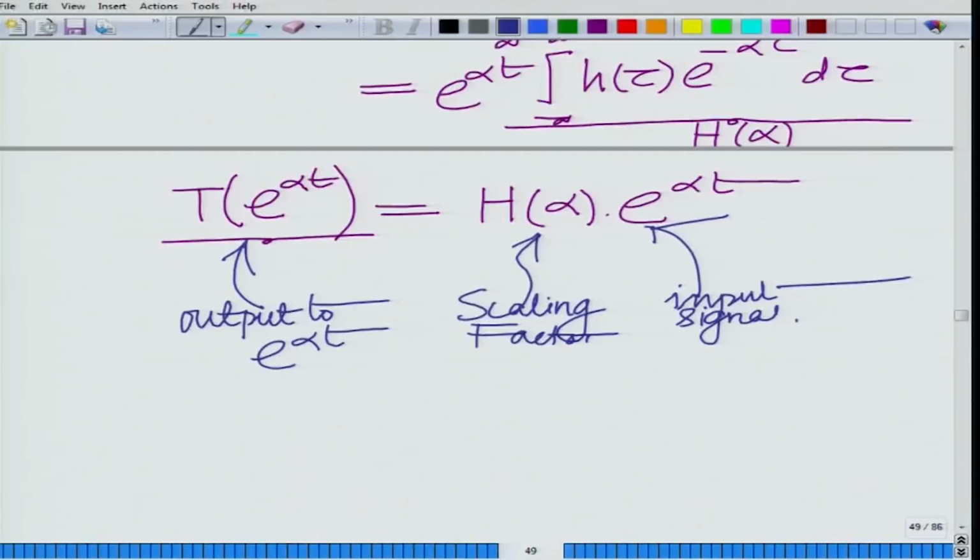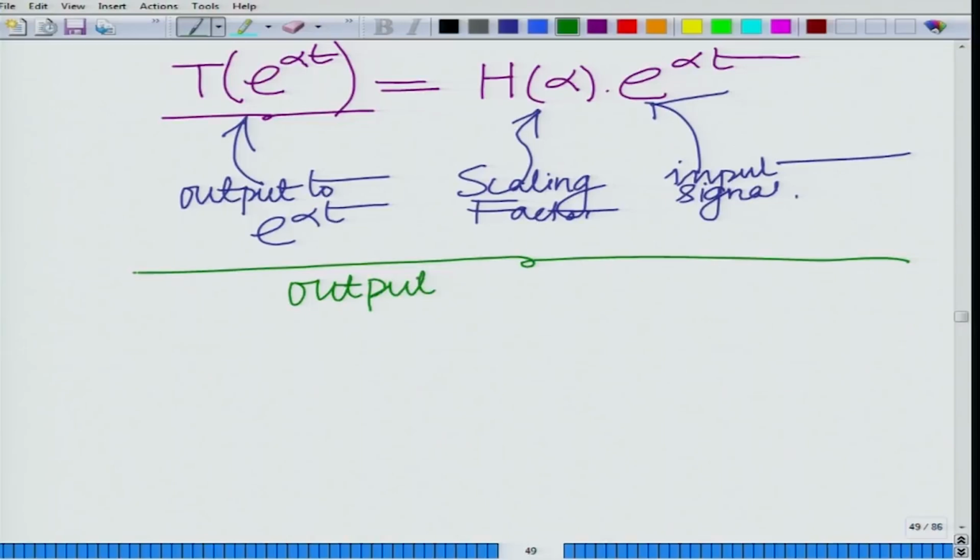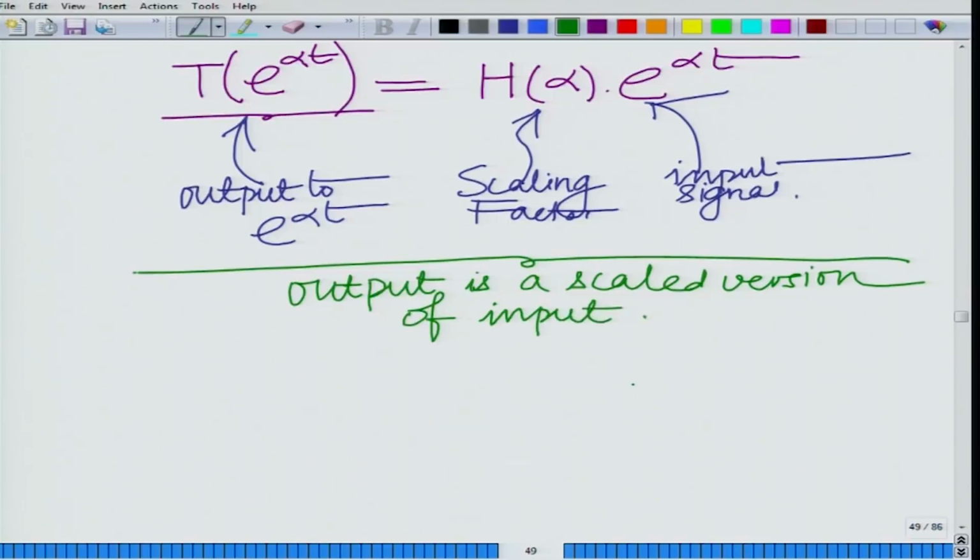The output is simply a scaled version of the input. That is a better way to say this: the output is a scaled version of the input.